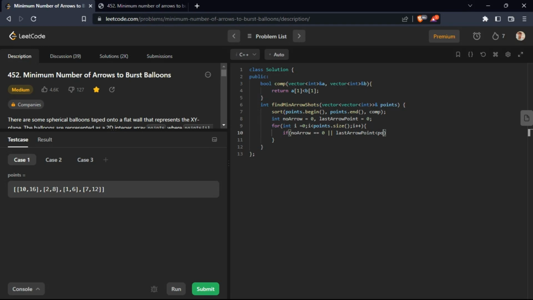If the last arrow shot is less than the starting point of the current point, I will increase the number of arrows, and also update the last arrow point shot. And I will take the rightmost.